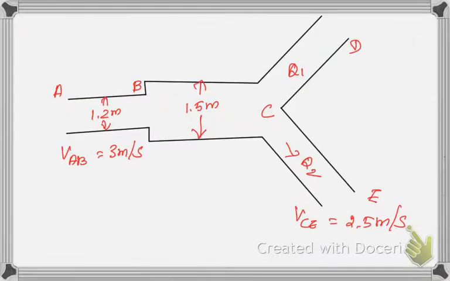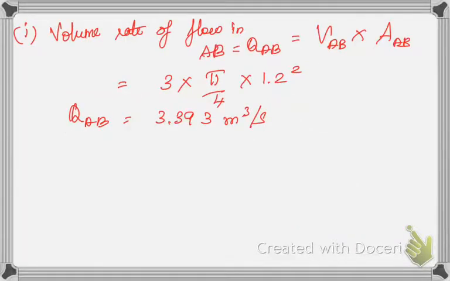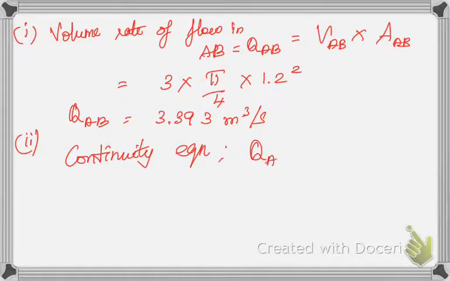The quantity entering AB will be the same amount of water entering BC also. So as per the continuity equation, I am determining the second one.